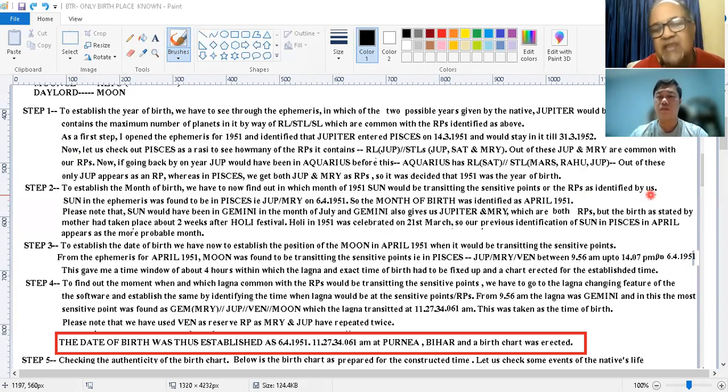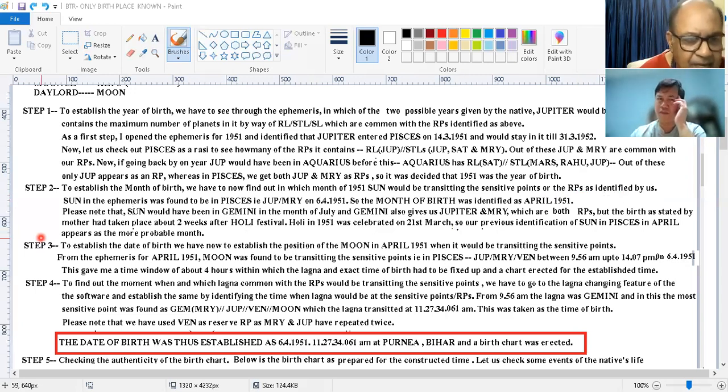Sun goes around the zodiac once in a year, so in those 12 months, Sun would be transiting through all the zodiac signs. Sun stays in one sign for 1 month.